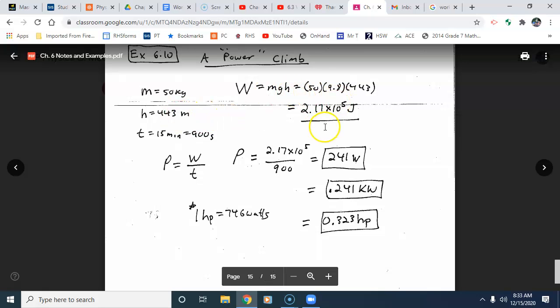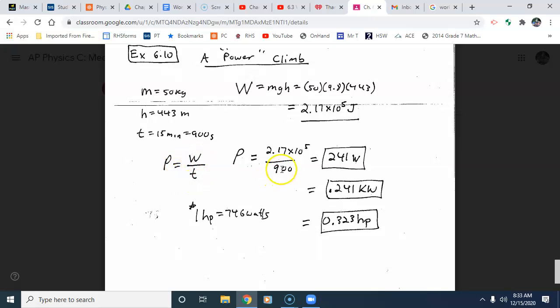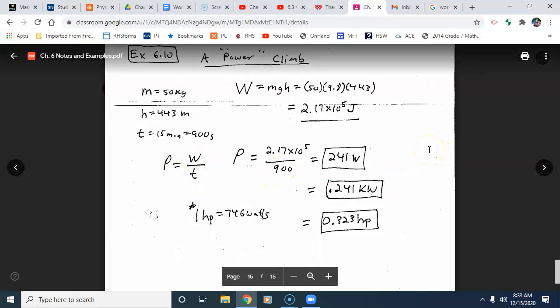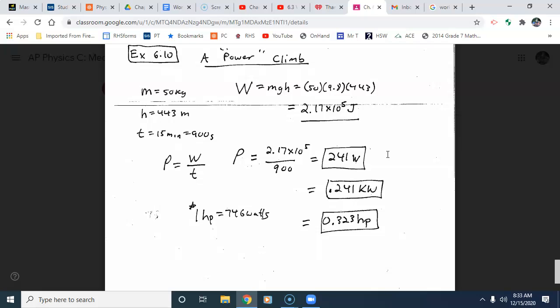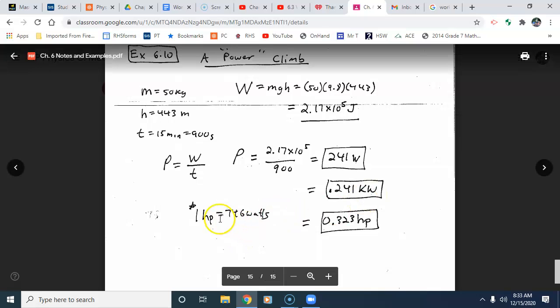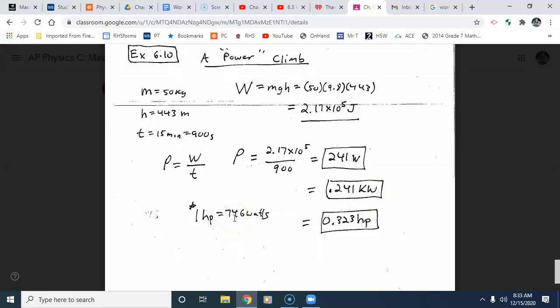Multiply those, we get the work. Once we have work, power is work over time, divided by 900 seconds, and we get 241 watts this person used, which in turn could be converted to kilowatts, 0.241, or like it asks, using 1 horsepower equals 746 watts. That would be the equivalent of 0.323 horsepower.